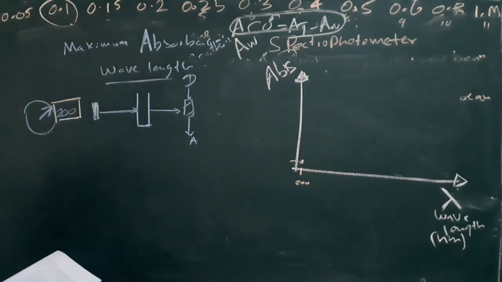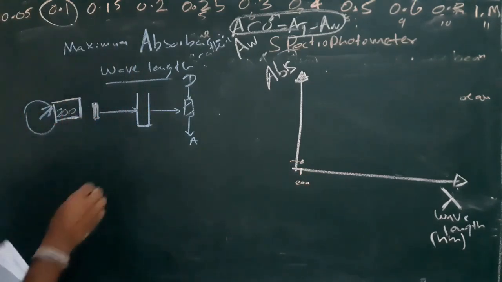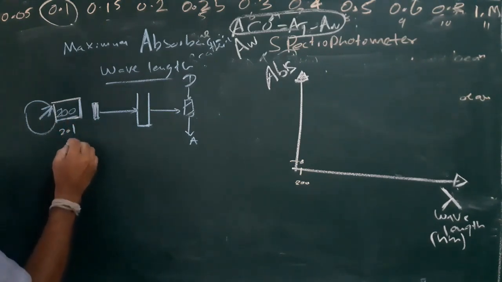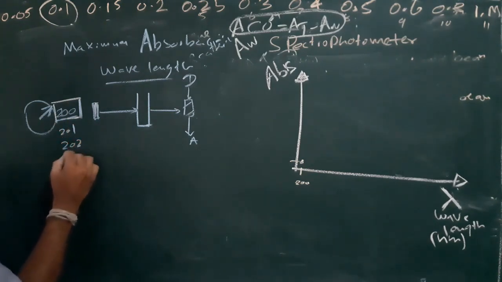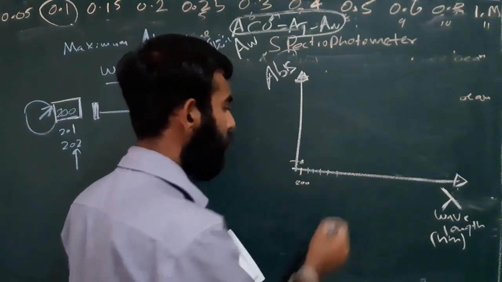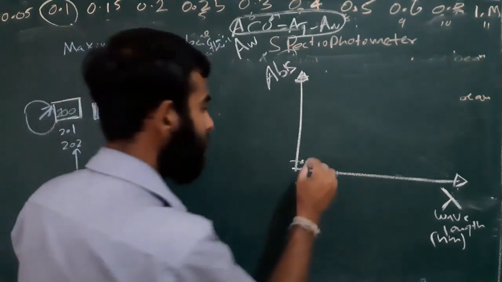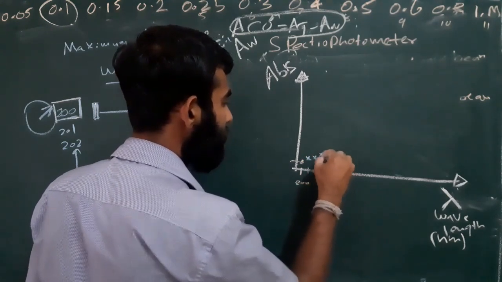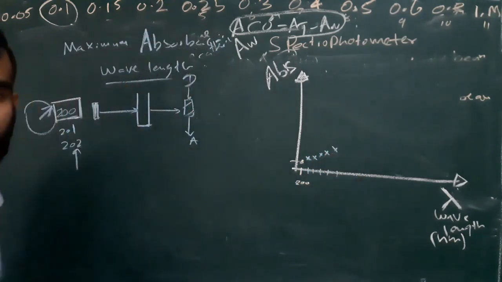Now I will increase the wavelength. 201, 202. Likewise, I will increase the lambda max. So the absorbance value will be increasing gradually when I am increasing the lambda max value.